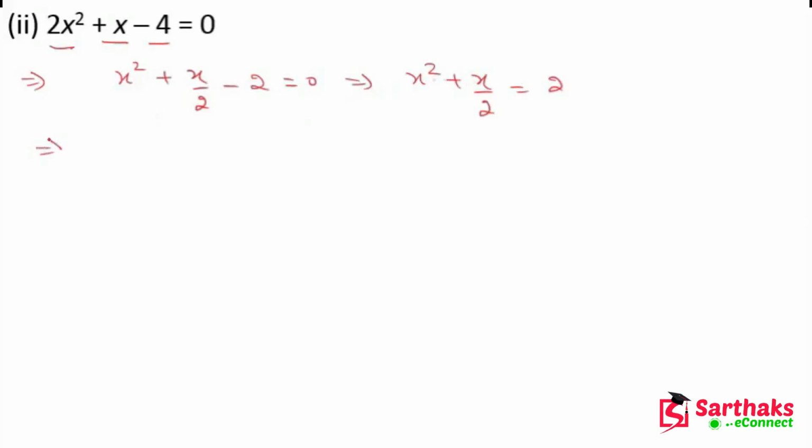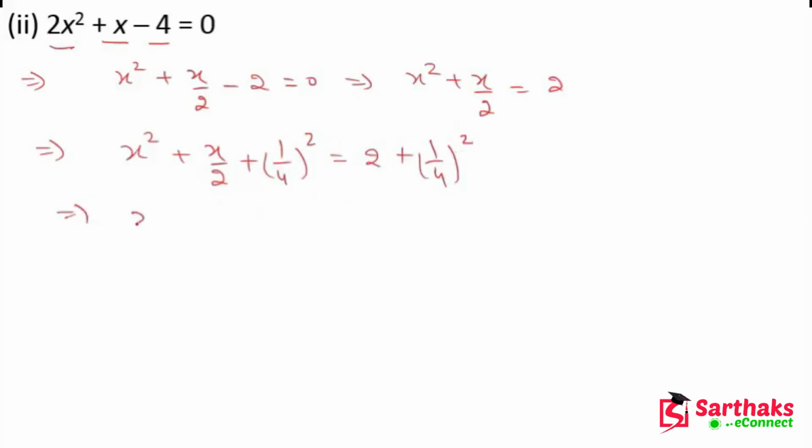Now again, in this step, we have to add 1 upon 4 whole square to x square plus x upon 2, that is, we have to add the square of half of the coefficient of x on both sides.